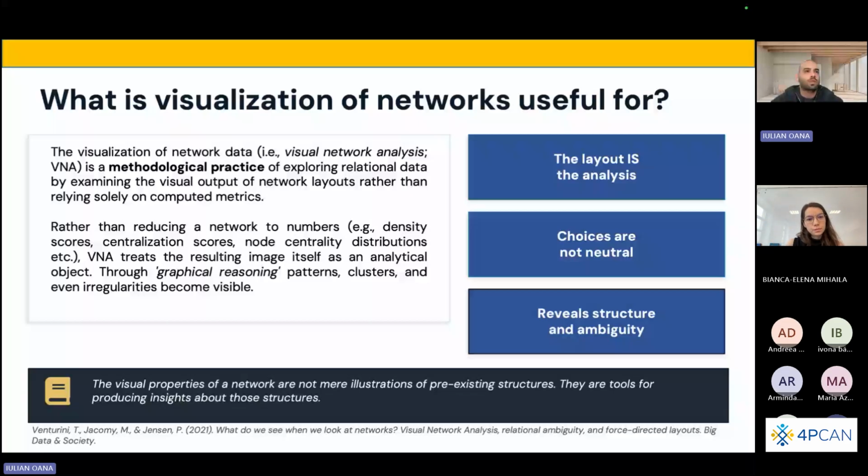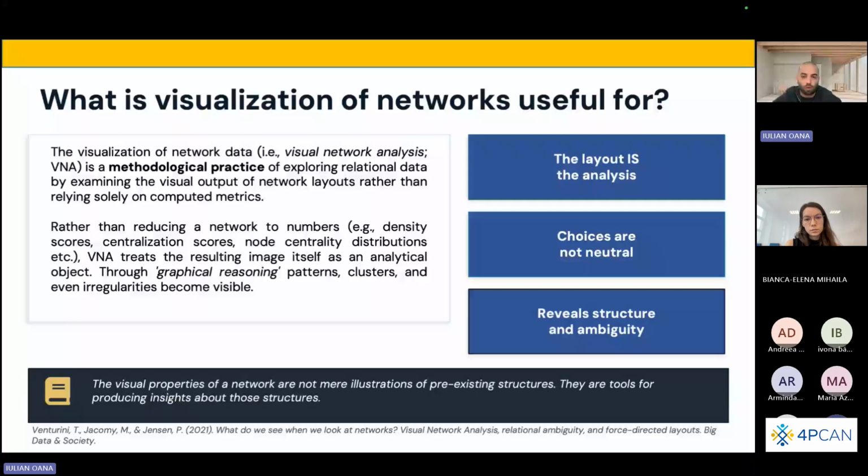And that automatically tells us that 12% of all the ties that could have existed in that network are observed. However, we can also observe density by looking at the visual layout of the network.